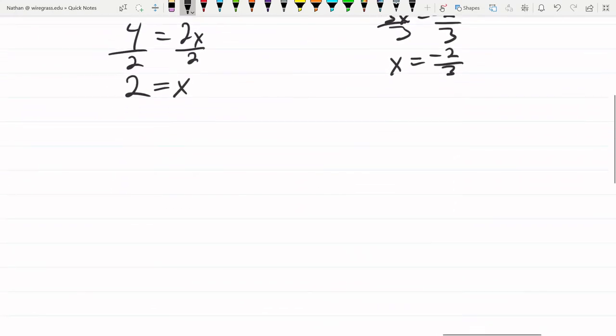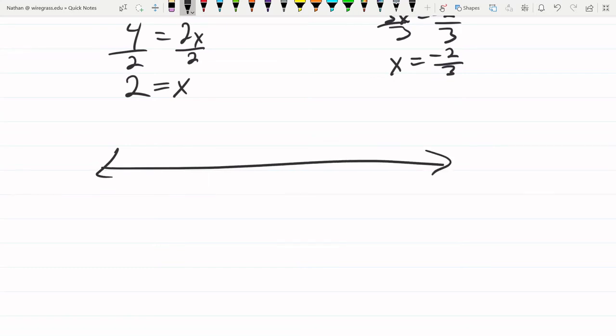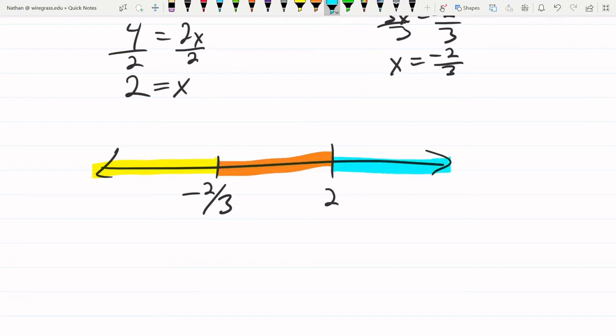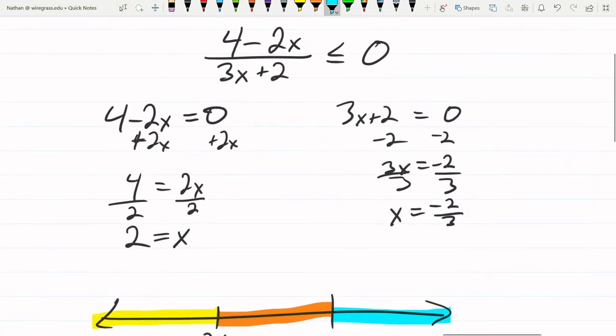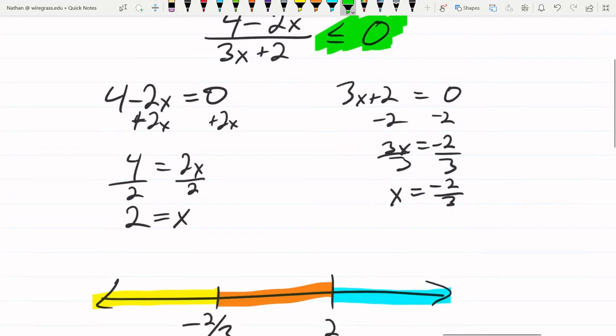And this is what we can use to test the different intervals. We have positive 2 and then negative 2/3. So once again, 3 intervals. And we're looking for when the function is less than or equal to 0.